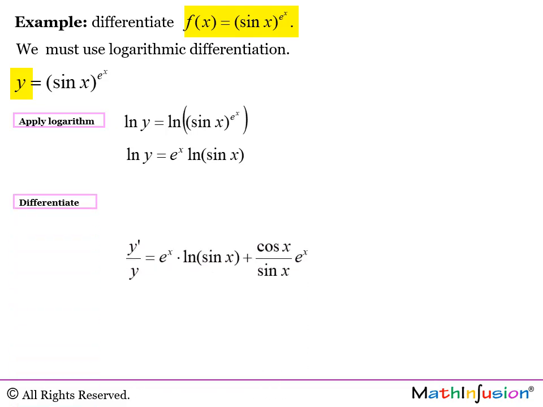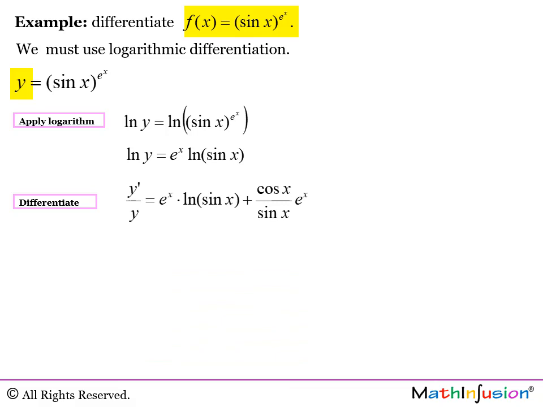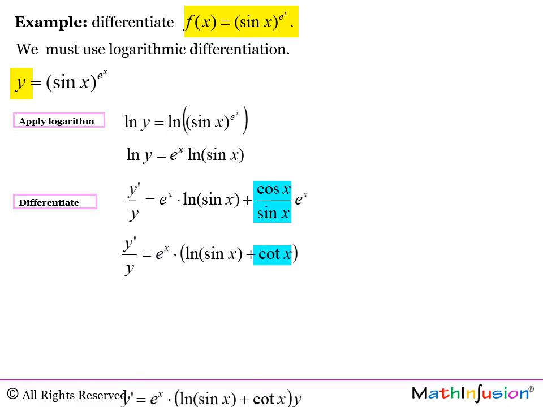Now we're going to differentiate. And again, on the right side, we have to use the product rule. You can simplify a little bit. This is cotangent of x. We're going now to multiply everything by y. And now we're going to replace y by f(x).